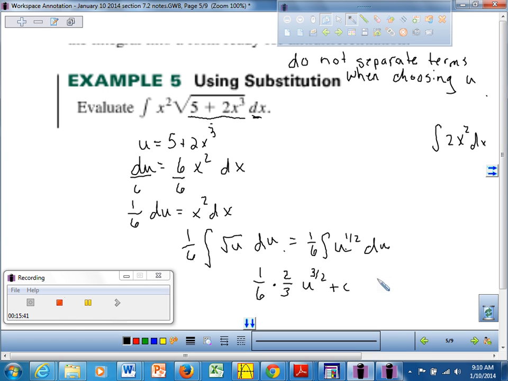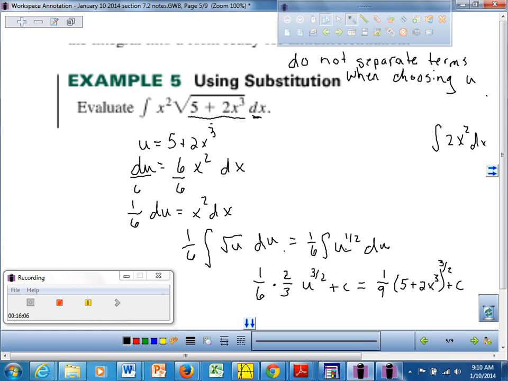We were doing an integral in terms of x to begin with, so we need to go back to x to finish. So that is 1/9 times 5 plus 2x cubed to the 3/2 plus C. Are we good?